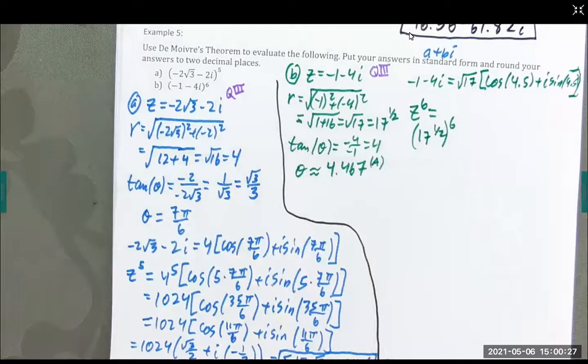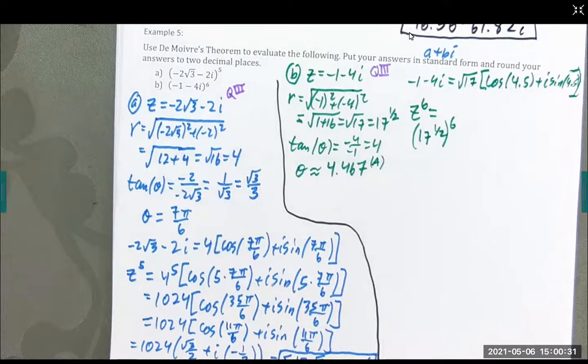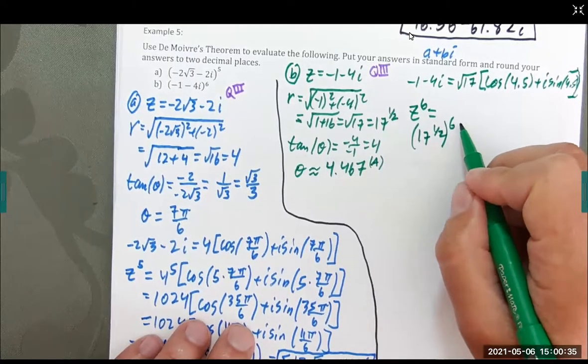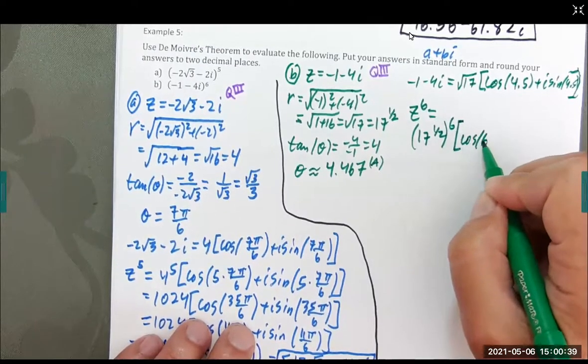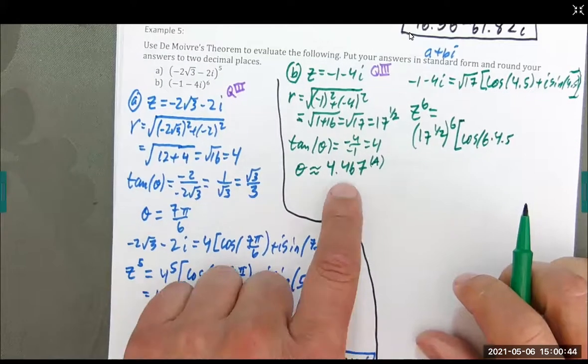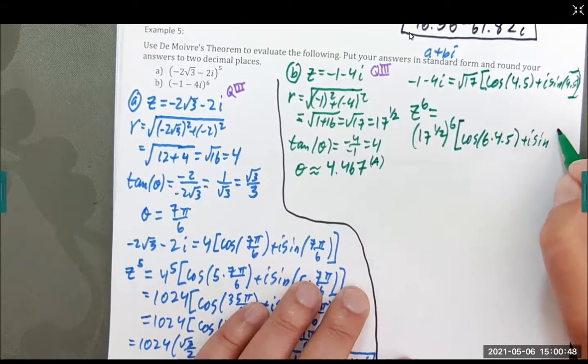And I wrote it that way so we could see that's just going to become 17 cubed, times cosine of 6 times the 4.5. I, of course, will use my memory for that one. Plus i sine 6 times 4.5.